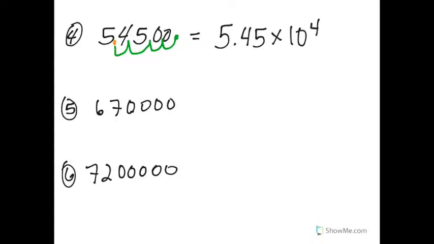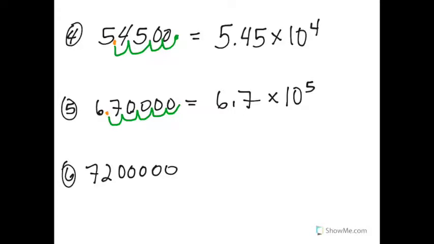Okay? So if we look at number 5, where are we going to put the decimal point? Between the 6 and the 7. Now we just need to count. It went 1, 2, 3, 4, 5 places over. Which means we have 6.7, we don't need to write the last zeros, times 10 to the 5th power.